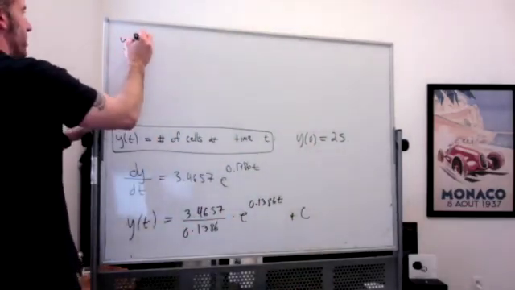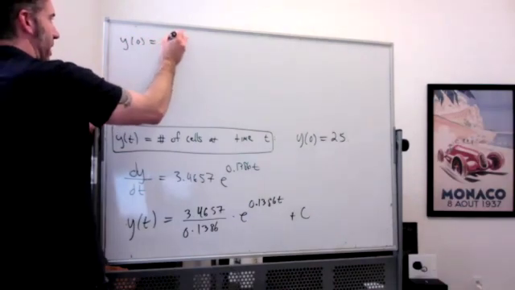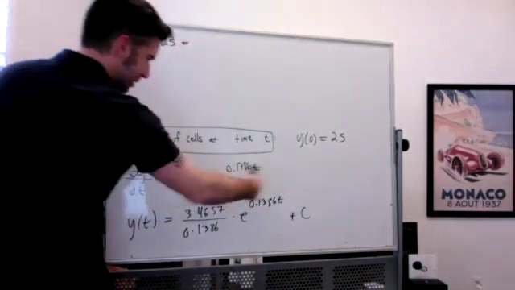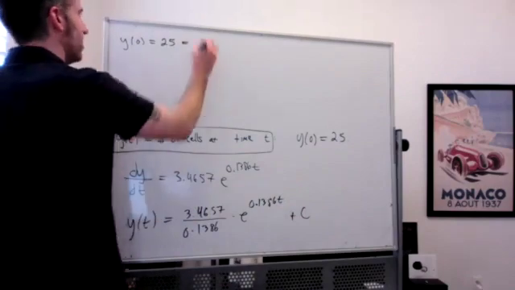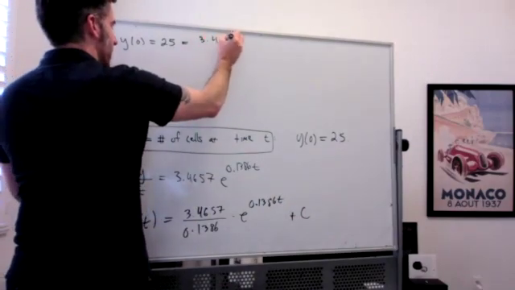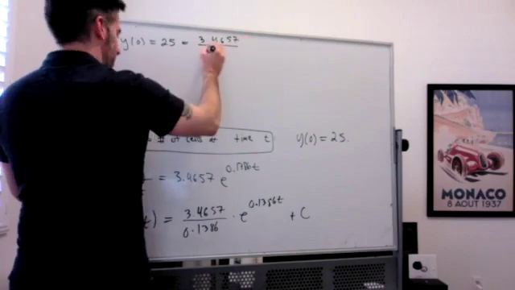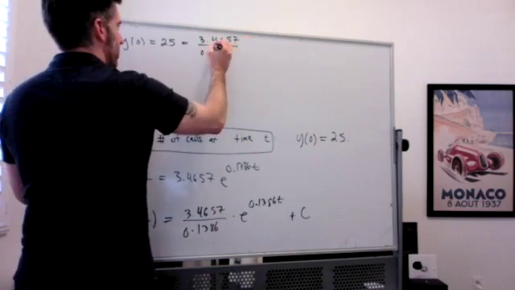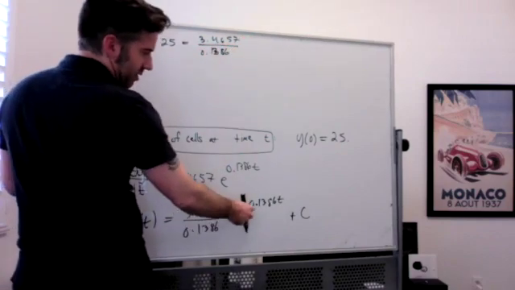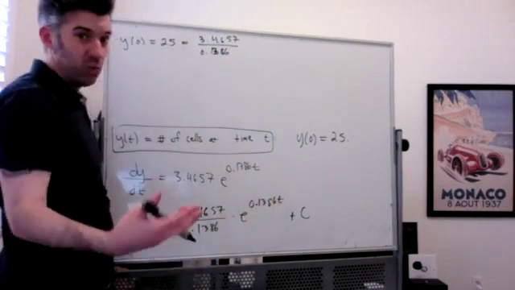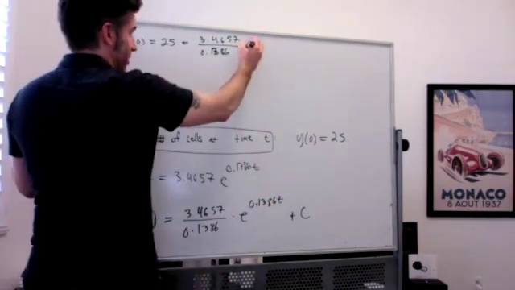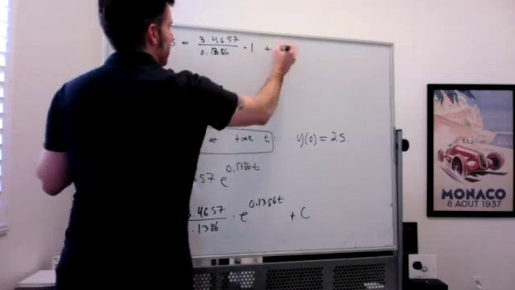So y of 0, which is supposed to be 25, is equal to 3.4657 divided by 0.1386. E to the this times 0 is just 1, so I could write times 1 plus c.